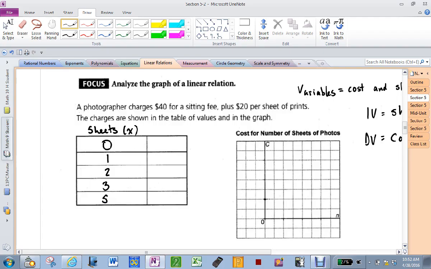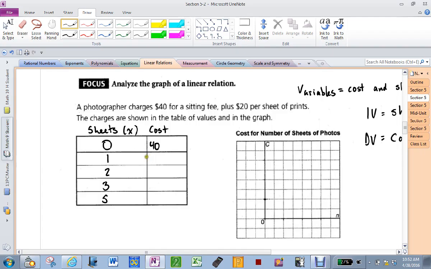Yeah. Great. Now, over here is cost, correct? So, if I don't order any sheets, how much do I pay this dude? $40. Because he's charging me to take my picture, to decide. That's the sitting fee. Cool?